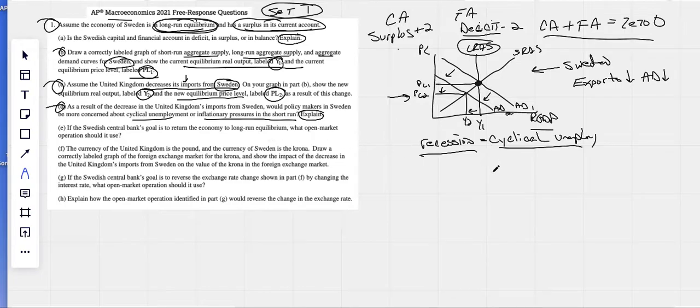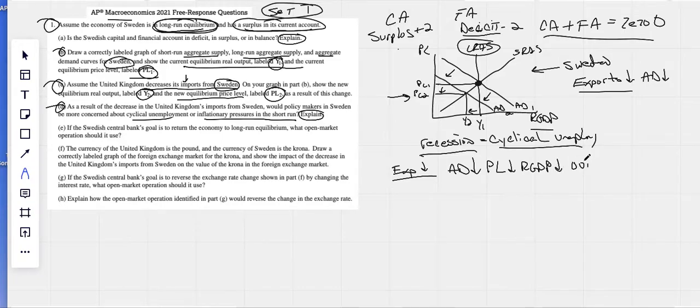There's a long way to write this out, and then there's the shorthand way that we should know, right? Let's start with exports. We know exports are going down, and remember this is Sweden, so that's going to drive aggregate demand down. That's going to make the price level go down. That's going to make real GDP go down.